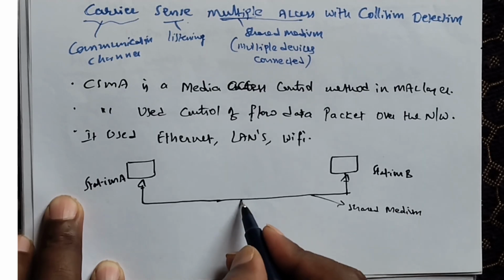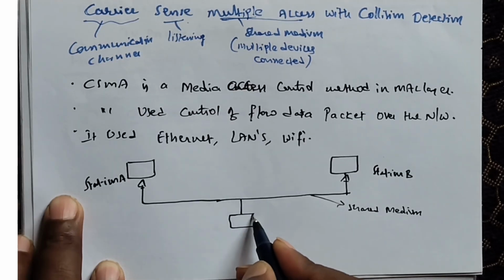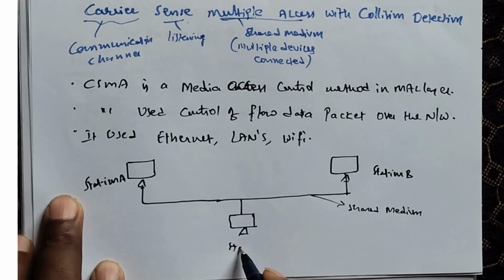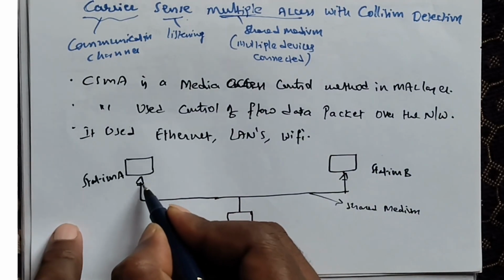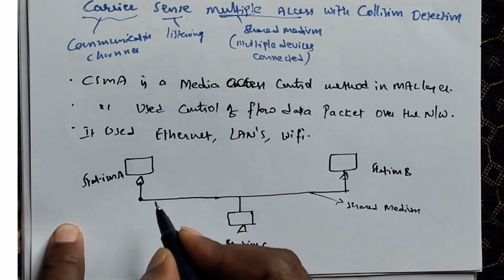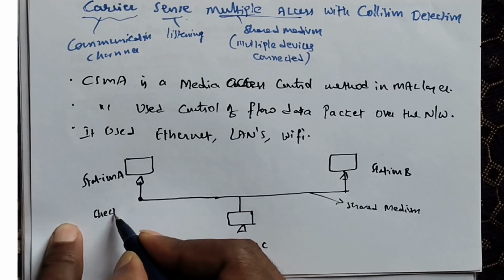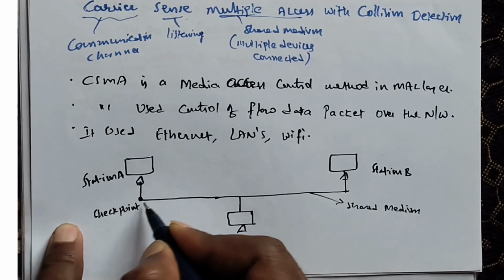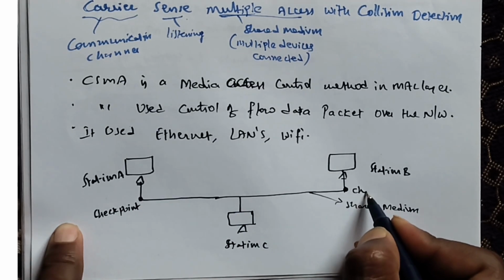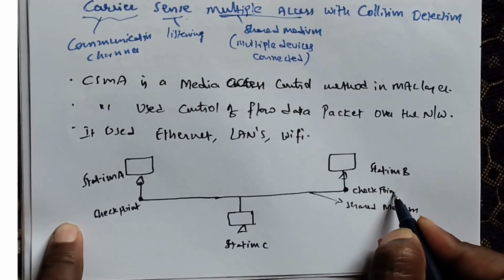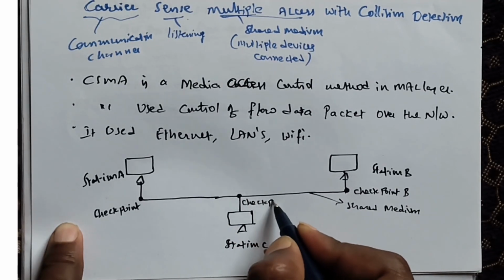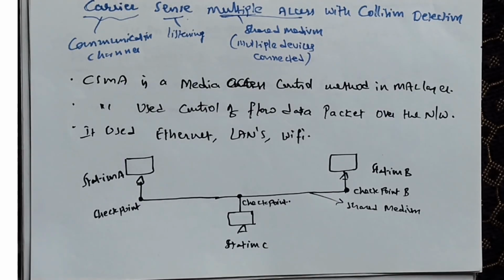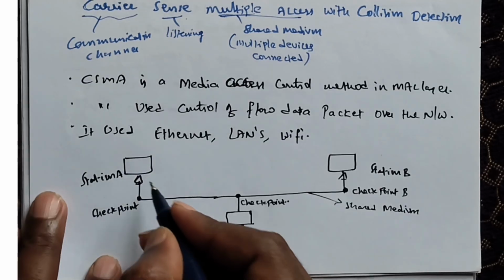There is one more device also connected to the shared medium, called station C. Here there is a checkpoint A, a checkpoint for B, and a checkpoint C.